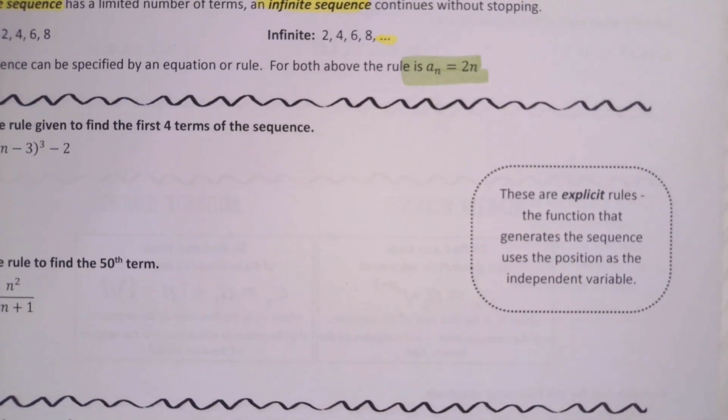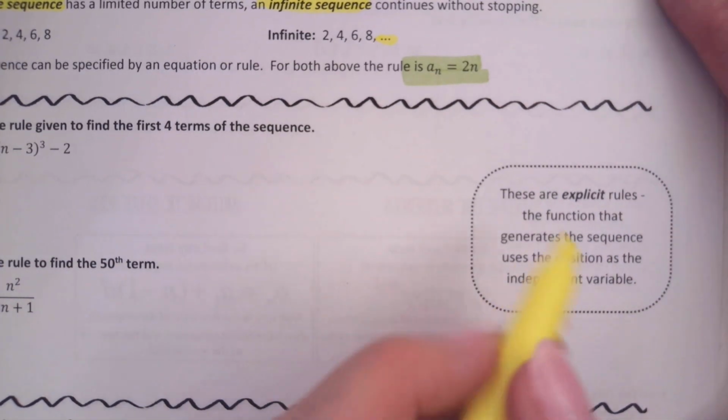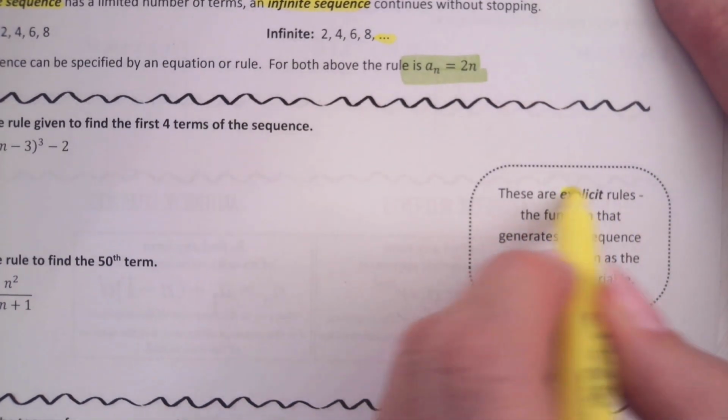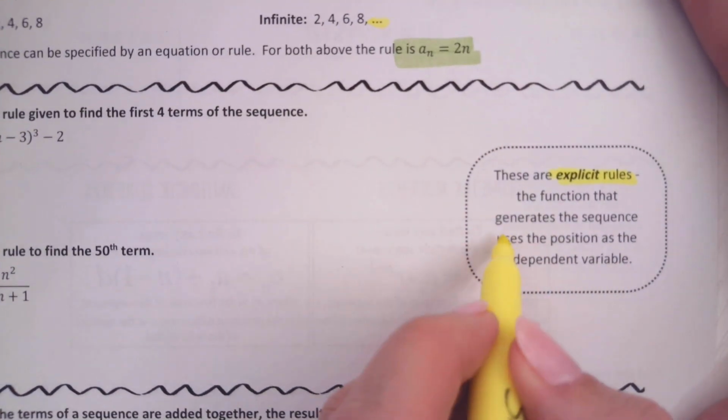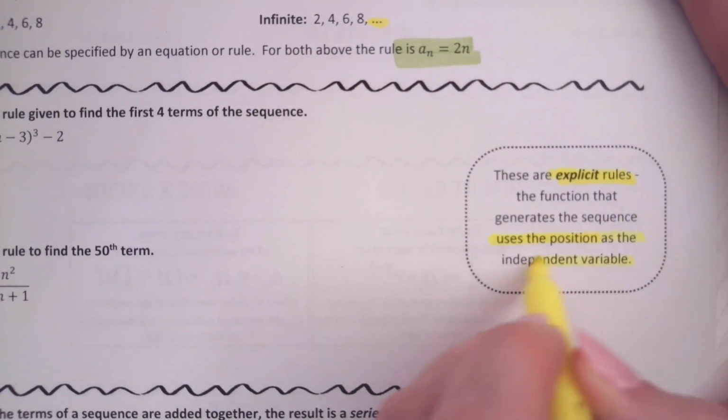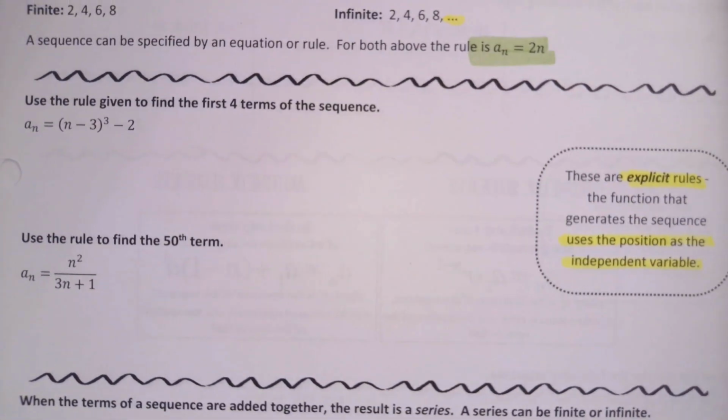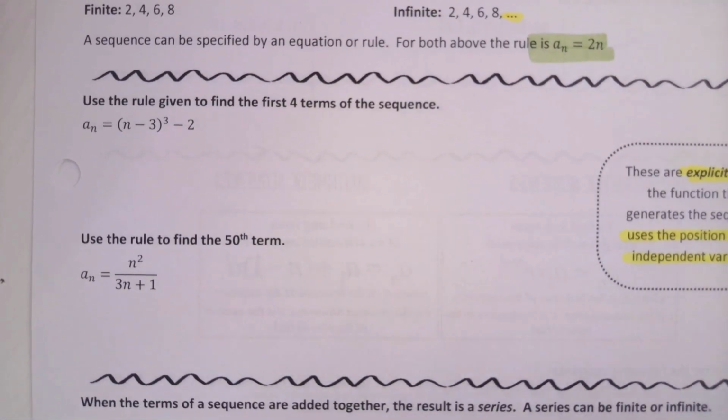These are what are called the explicit rules of a sequence. The explicit rules basically means to find specific terms, you can plug in the position as the independent variable. So if I need to find the first term, I would just plug in the number 1. If I need to find the second term, I would plug in the number 2. If I need to find the third term, I would plug in the number 3. Very good.